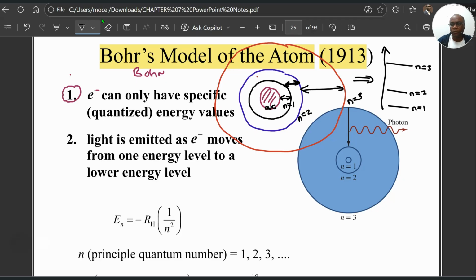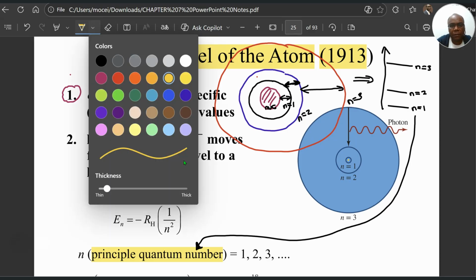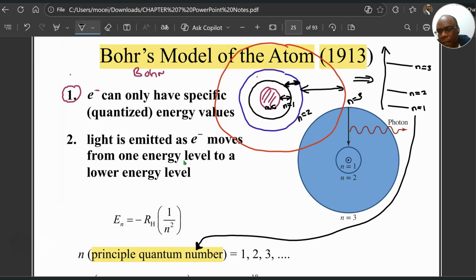The value of n is what we're going to call the principal quantum number. The principal quantum number represents the number of the shell counted from the nucleus. So if the nucleus is right in the middle of that circle, then the first circle outside that nucleus is called principal quantum number 1.